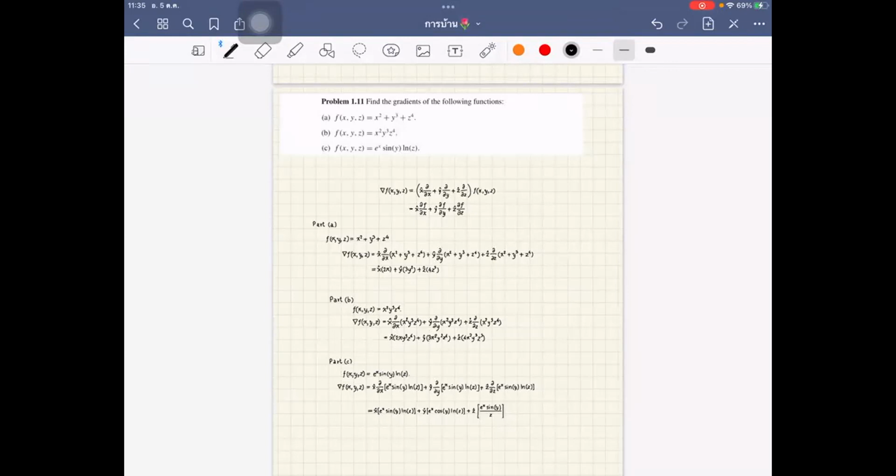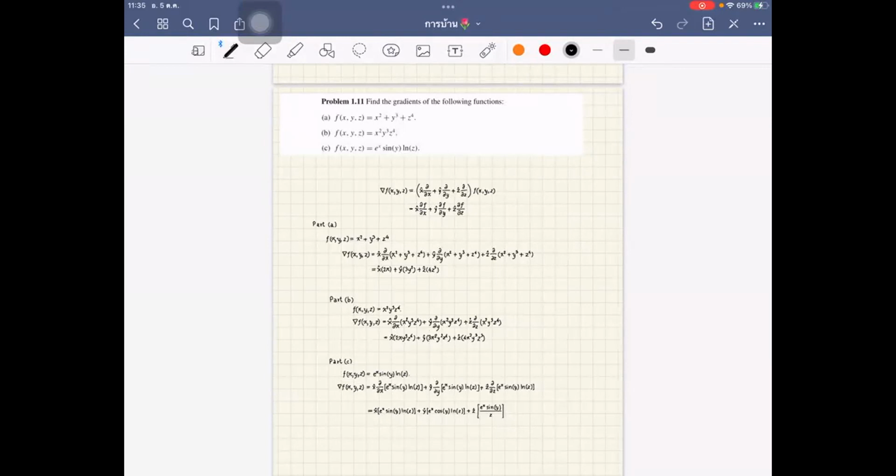Okay, for the gradient, for the problem 1.11, for A, we got the function f of x, y, and z equal to x squared plus y to the power 3 and z to the power 4.